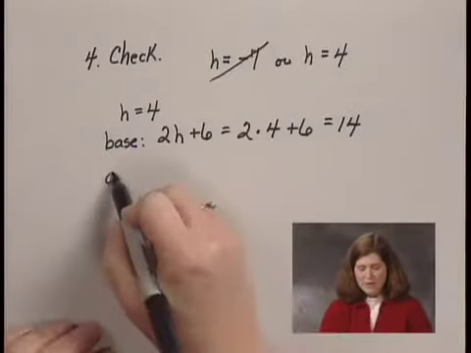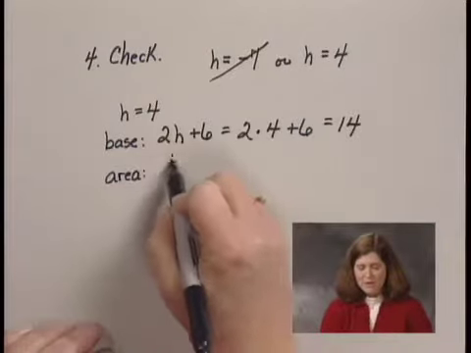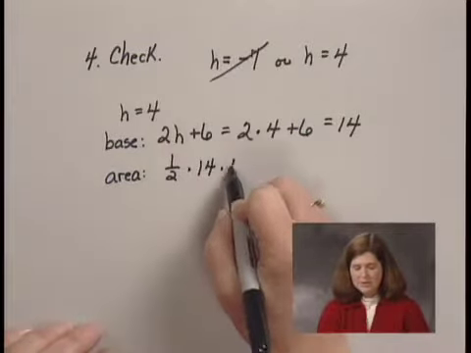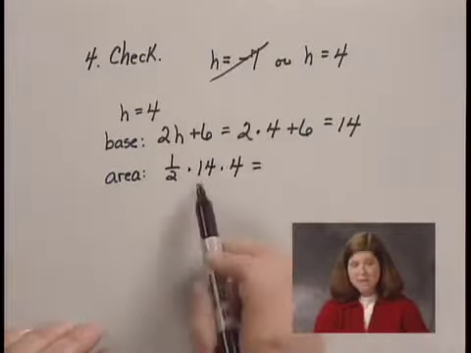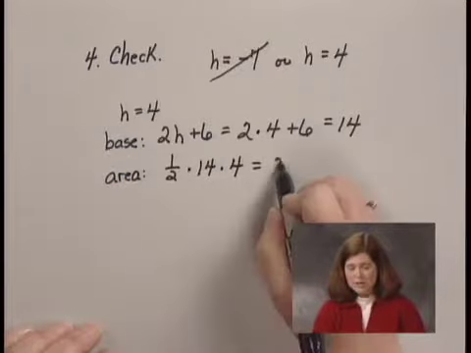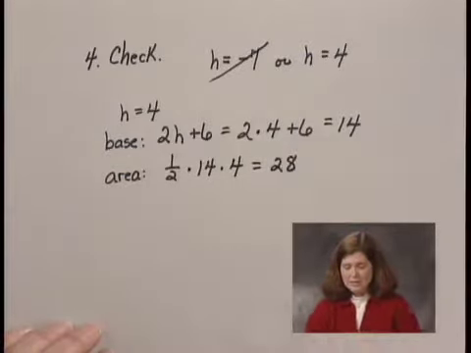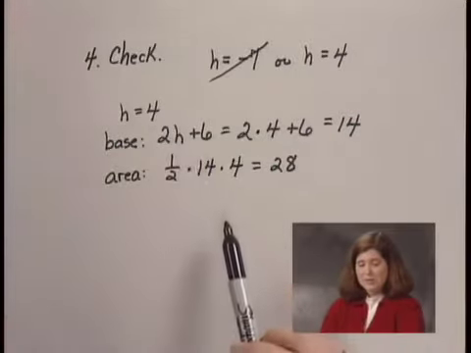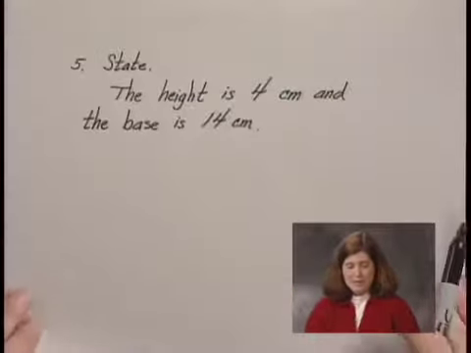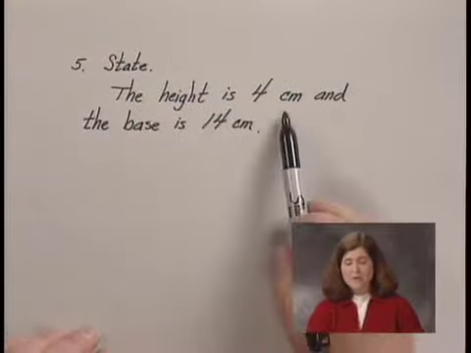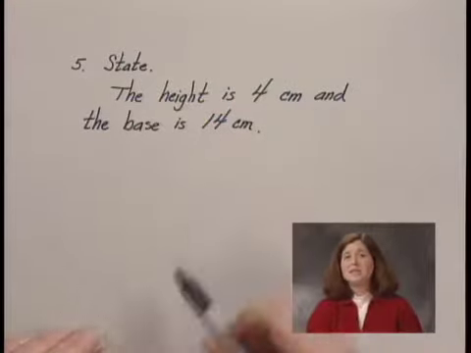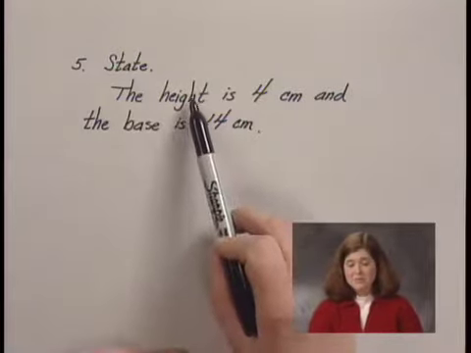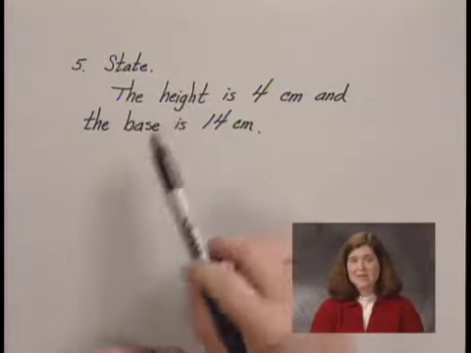Now the area would be 1/2 times the base times the height, which is 7 times 4, which is 28. So that checks. So my answer then could be stated as the height is 4 centimeters and the base is 14 centimeters. And notice that I answered my question completely because I was asked to find both the height and the base.